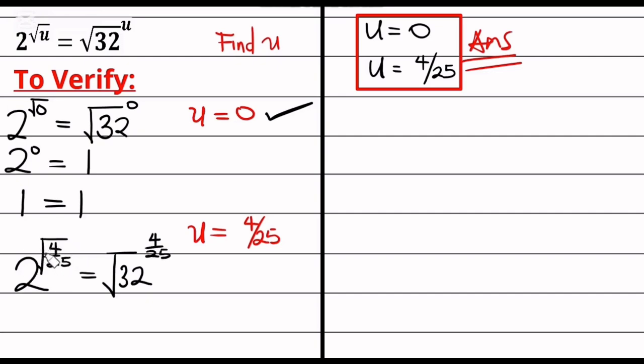Looking at this, the root is going to split, so we have 2 raised to the power of the square root of 4 over the square root of 25.